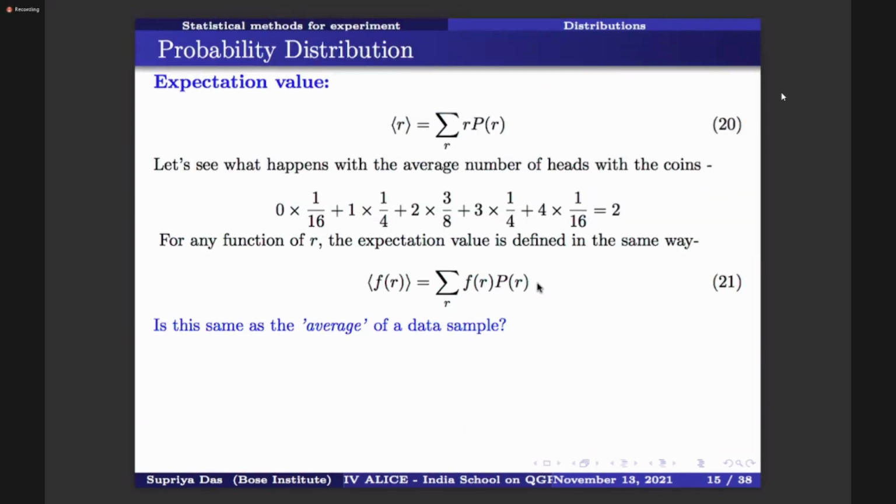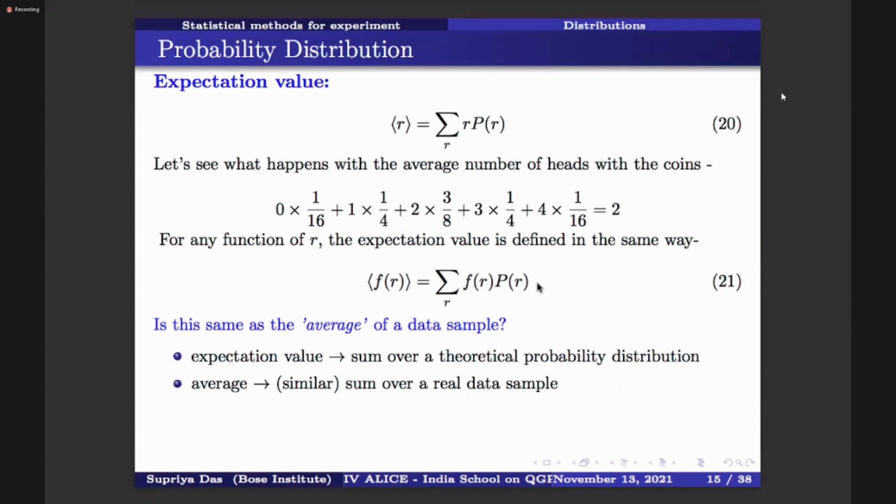But then, is this the same as the average of a data sample? In the previous lecture, we discussed a data sample having many elements, and we took the average. So is this expectation value the same as that for a data sample? The expectation value is the sum over a theoretical probability distribution. This is exactly what we derived with these coins.